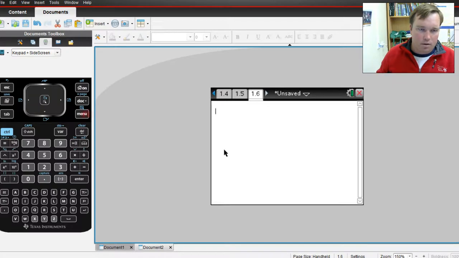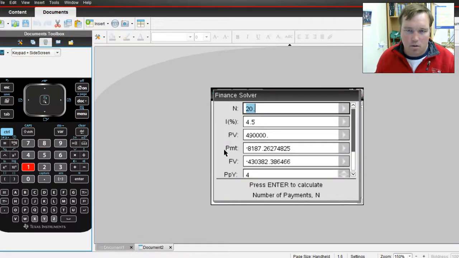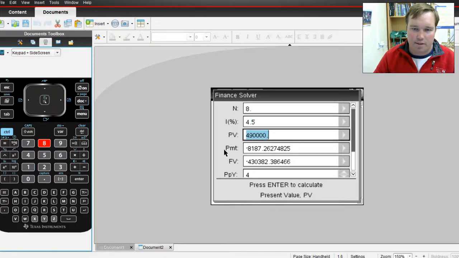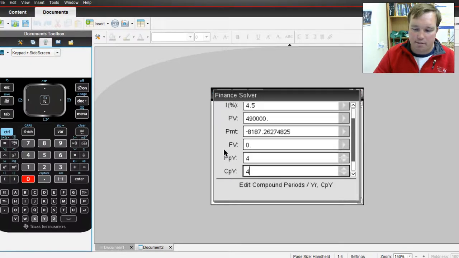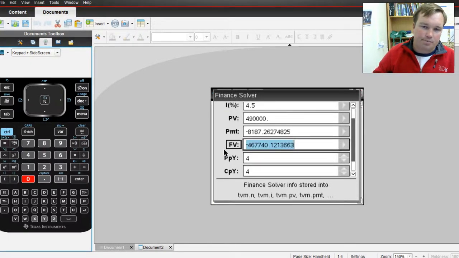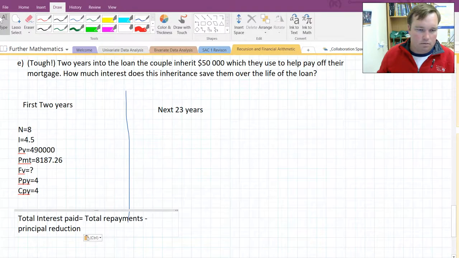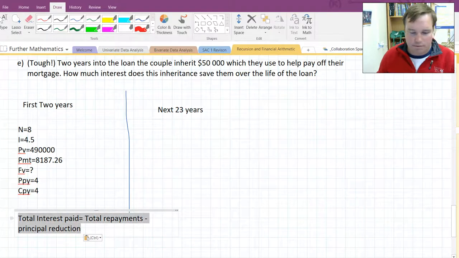Menu 8.1. We want this to be 8. 4.5 is fine. 490,000 is fine. Payments fine. Future value we don't know, so we'll leave it as 0. Fine, fine, fine. Let's hit enter. I'm just going to try and copy that over to here. Nope, did not work.